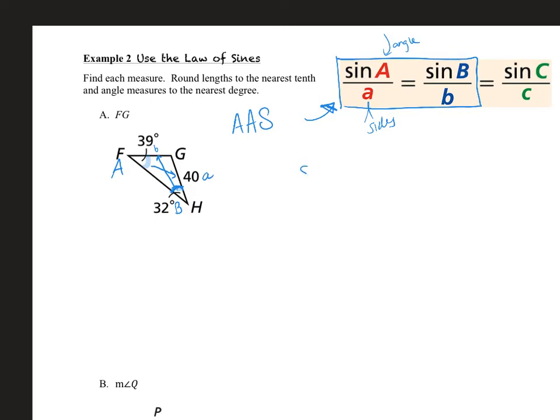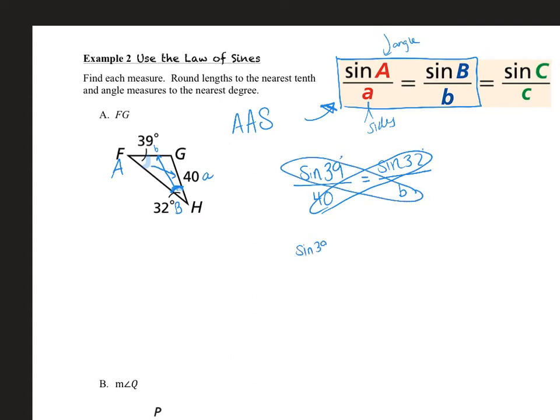So let's plug in what we know. We know that sine of angle A, which was angle F, is 39 degrees over its opposite side, which was 40, is equal to sine of angle B, which is 32 degrees, over lowercase b, because that's what we're trying to find. And once we have a proportion, we're just going to cross multiply. So I end up with sine 39 times b is equal to 40 times sine 32.